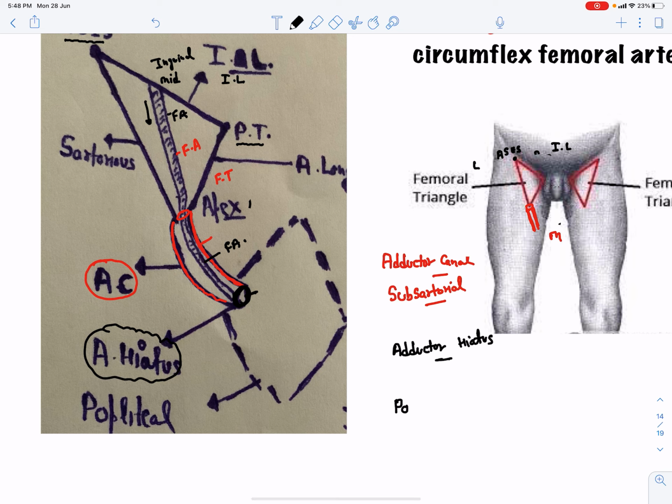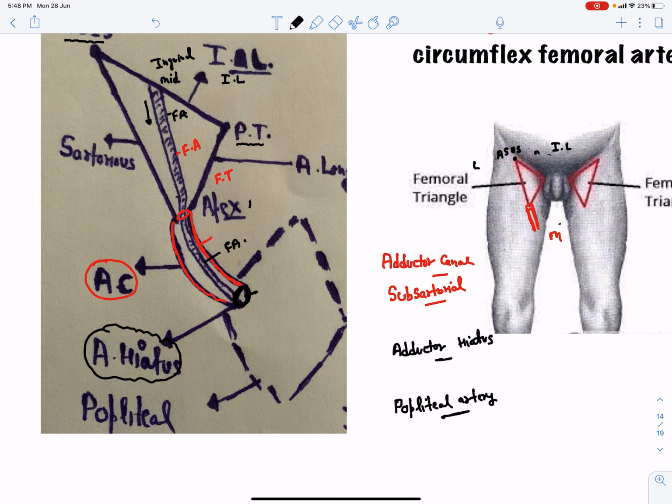Now this artery is going to continue as what? Popliteal artery posteriorly. So our femoral artery is going to continue as the popliteal artery posteriorly in the diamond shaped fossa, because on the posterior side of the knee we have one diamond shaped fossa.